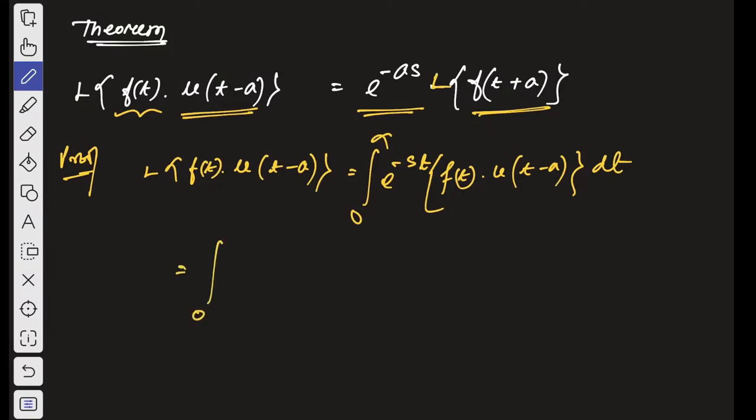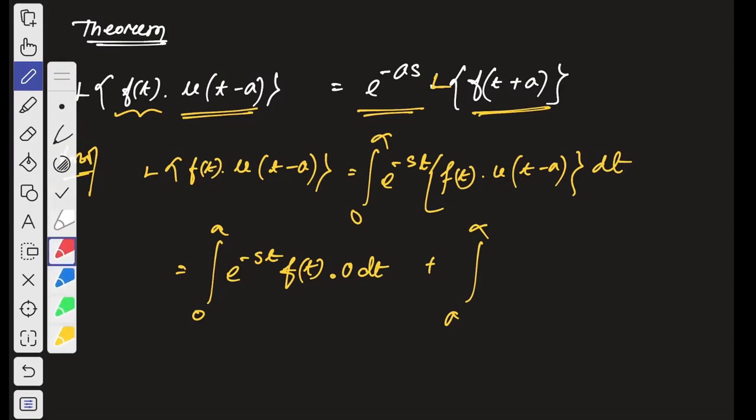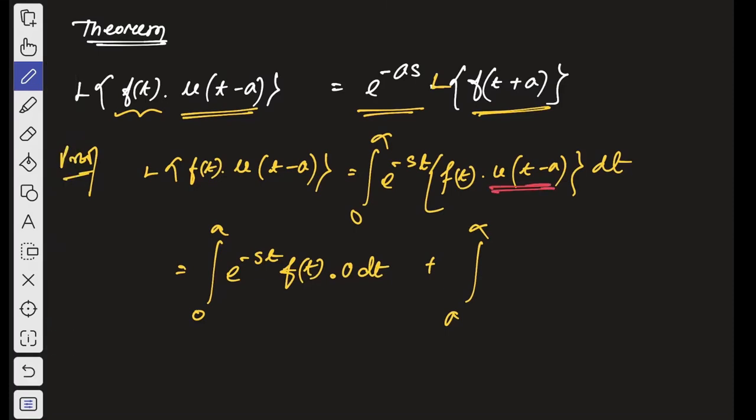Now it can be split up into the integral from 0 to a, then the integral from a to infinity, right? So from 0 to a, e to the power minus st f of t, then you should get 0 here, dt. Why 0?